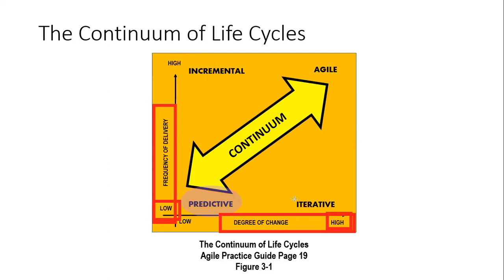That is a good recipe for iterative. Low frequency of delivery and high degree of change. Because what you're working on has some changeability, but it is not going to be delivered in increments. It's going to be delivered once. So you are repeating in cycles until it is correct.